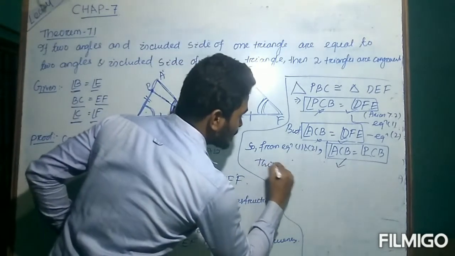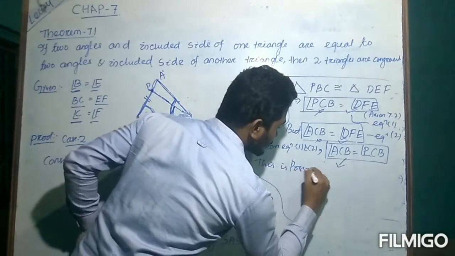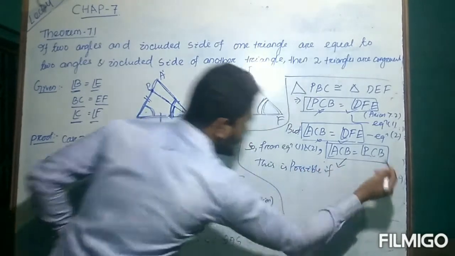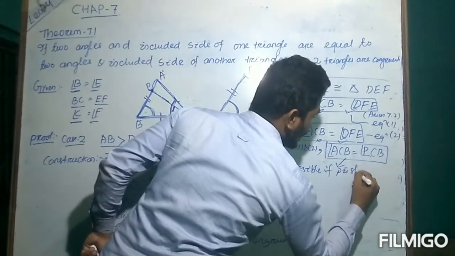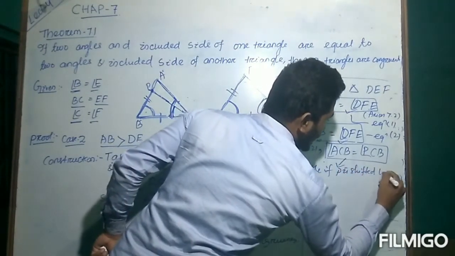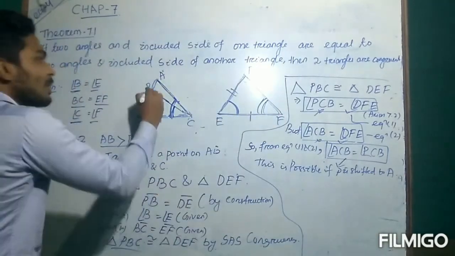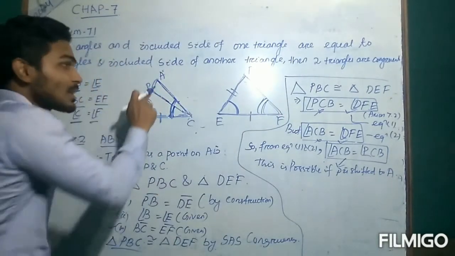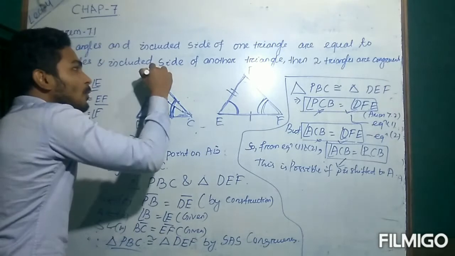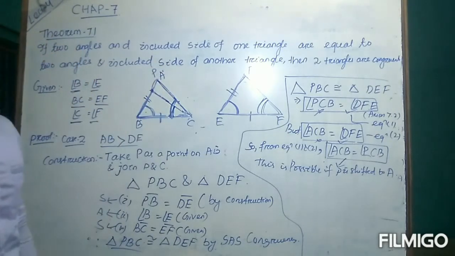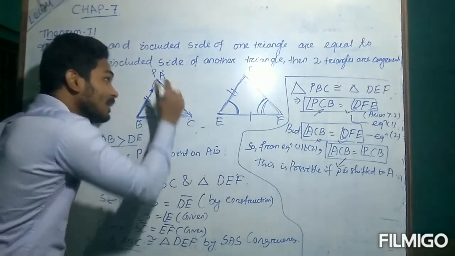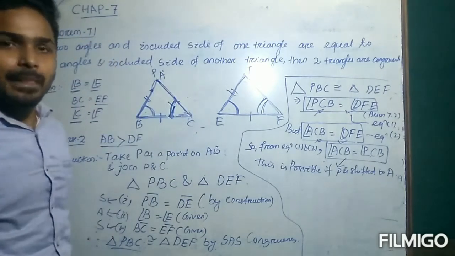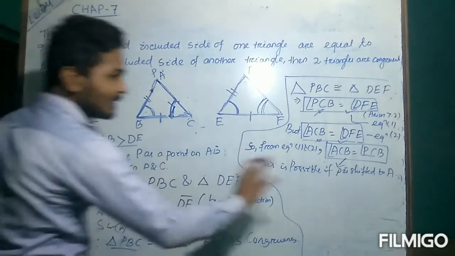So this is possible if P is shifted to A. It means now the point P is not here. Now the point P will be here. And now this side is not here. Now this side will be here. Understood? It is clear now?